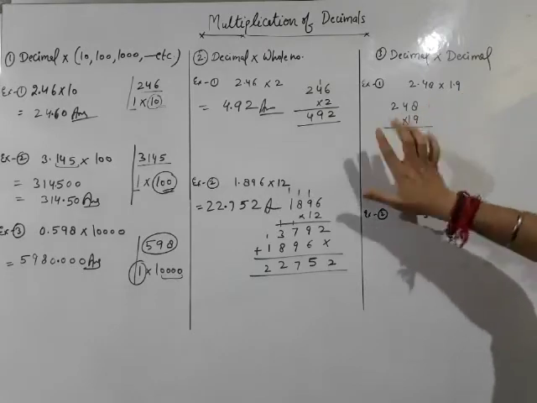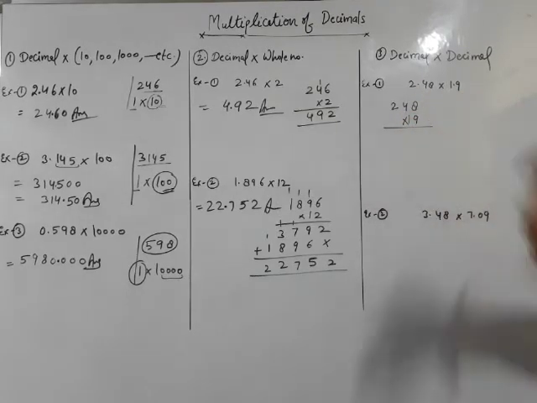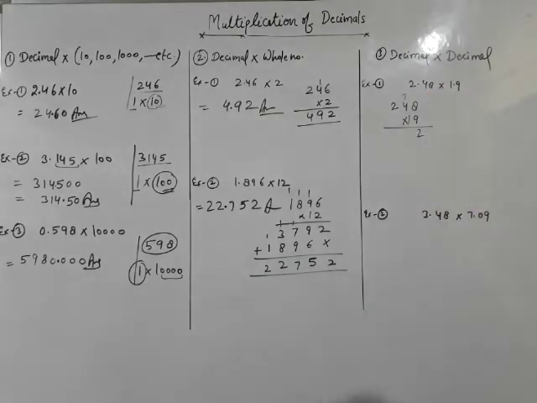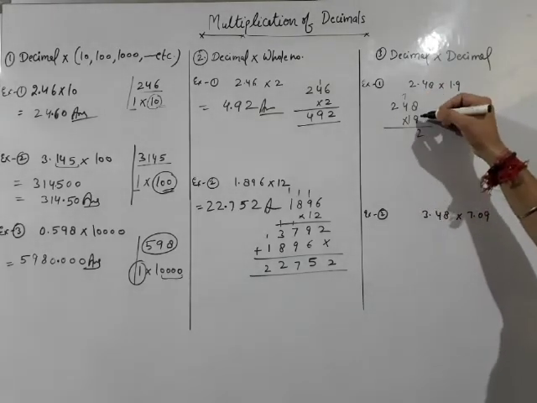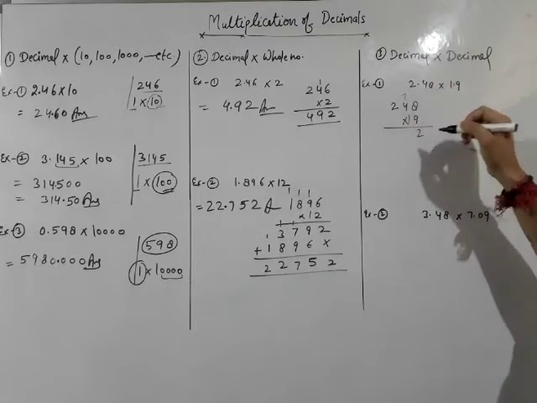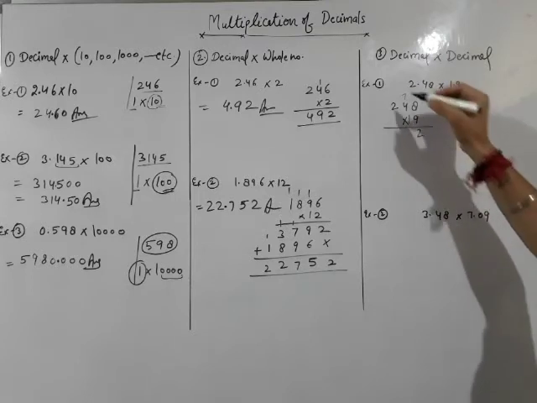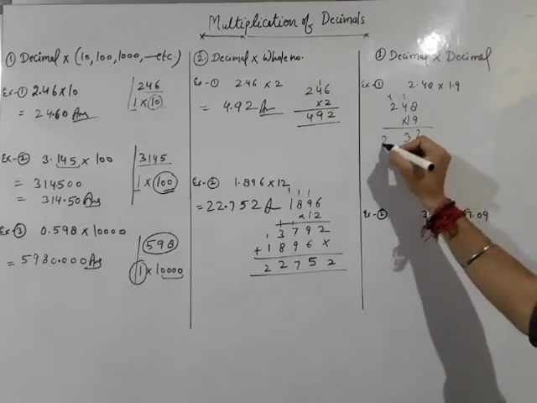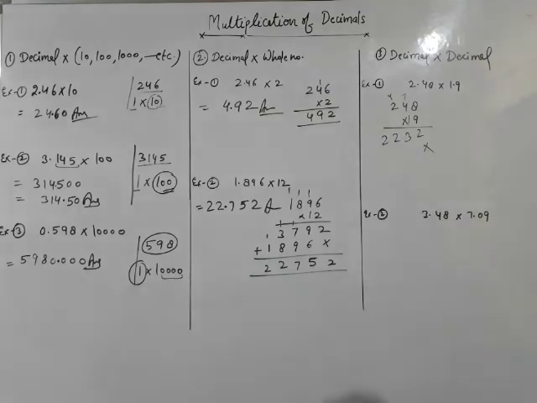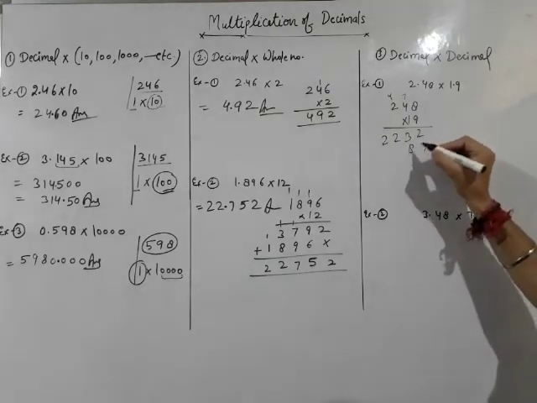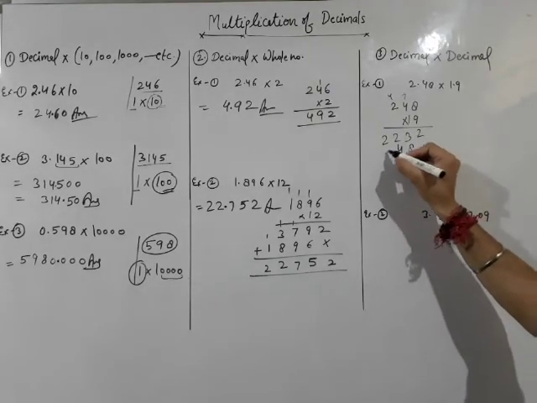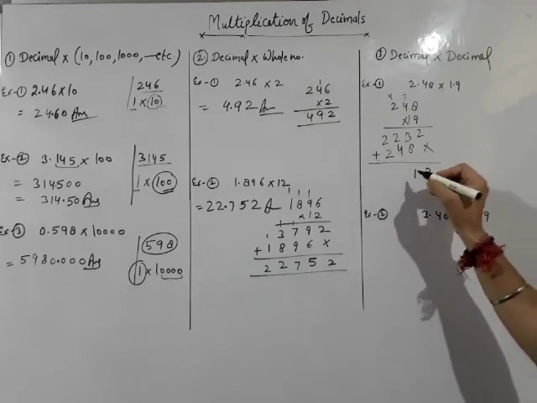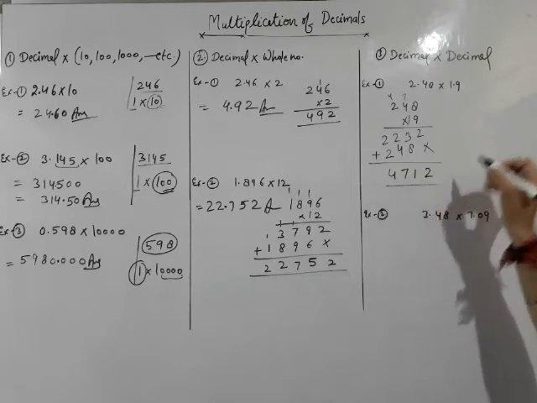So just simply multiply 248 by 19. 9 eights are 72. 9 fours are 36, and 7 is 43. 9 twos are 18 and 4 is 22. Now the multiplication sign. 1 into 8 is 8, 4 and 2. Add them.